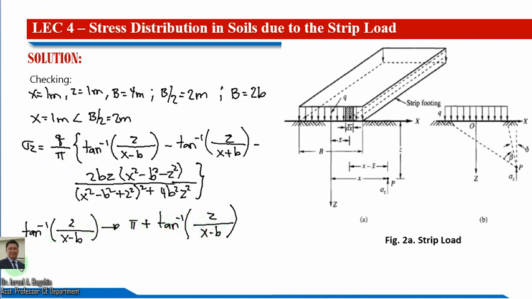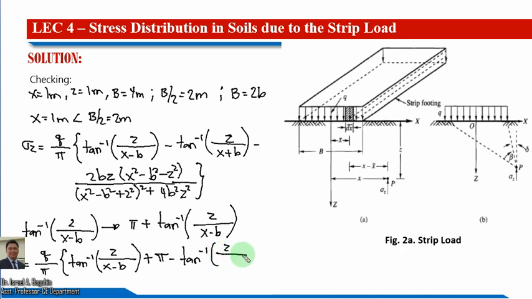So therefore, our sigma z is now simply equal to q over pi times the inverse tangent of z over x minus b plus pi, and then minus the inverse tangent of z over x plus b.